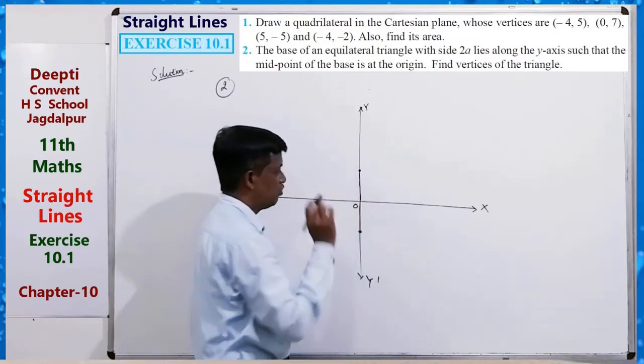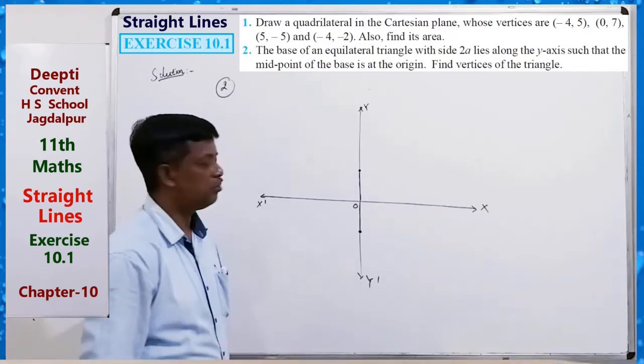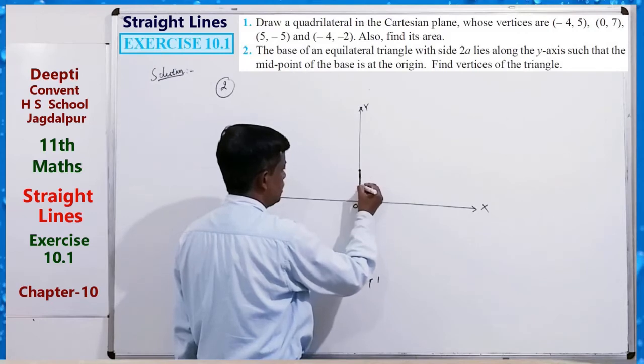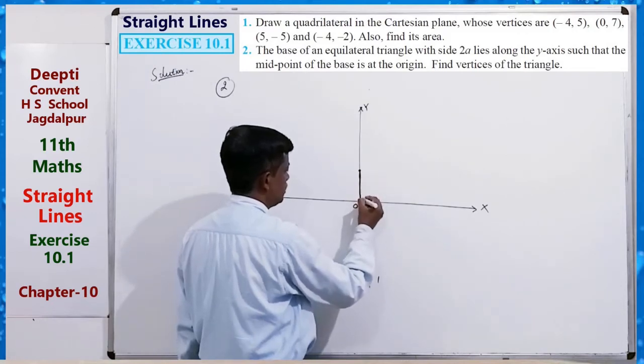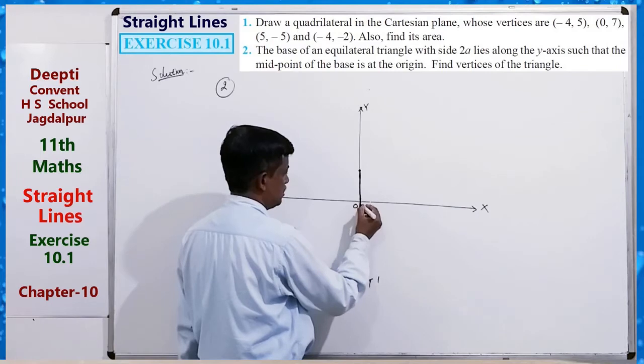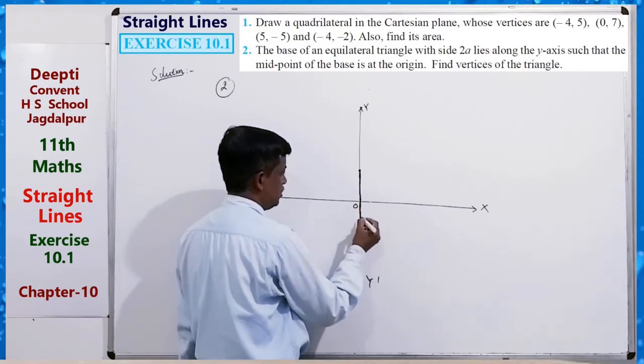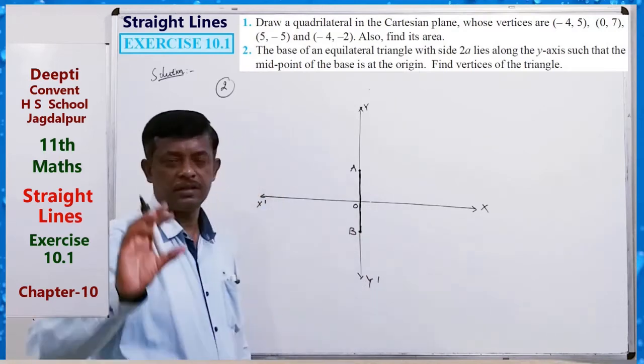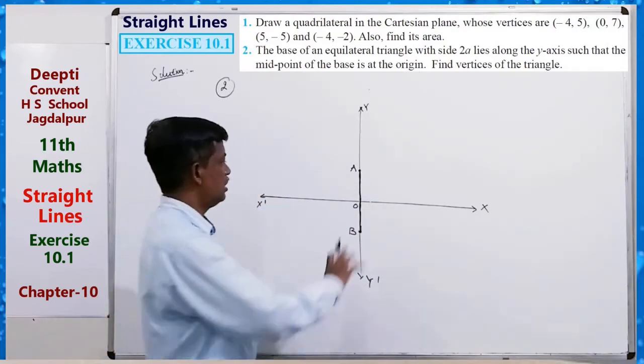Because the midpoint of the base is at origin. This is the midpoint of the base. Okay, we can name it AB is the base of the equilateral triangle. Total length is 2a.